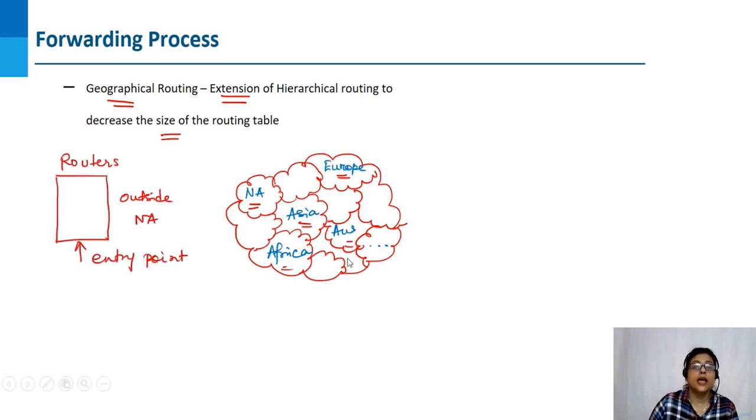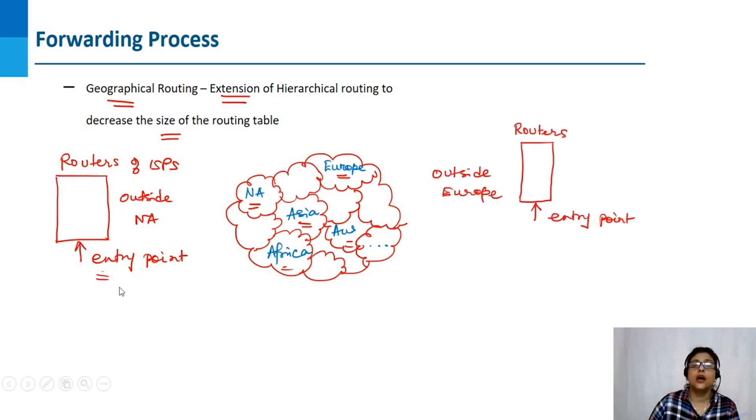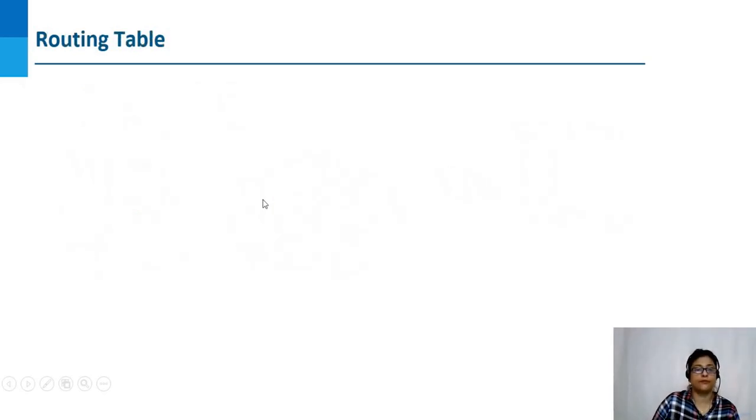So these are divided, and for routers of ISPs outside North America, there will be only one entry point. Similarly, routers of ISPs outside Europe will also have a single entry point. This way, it can further reduce the size of the routing table by using geographical routing.